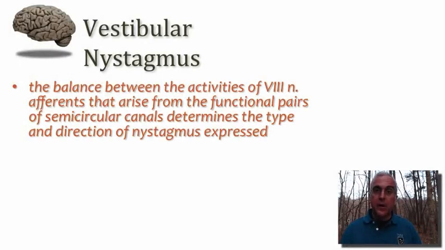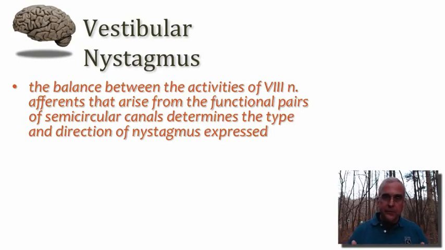Now, we can learn a lot from watching the movements of the eyes, especially if nystagmus is present. The type of nystagmus we see, that is the direction of the slow component of the eye movement, is an indication of the balance of activity arriving from the two eighth cranial nerves.